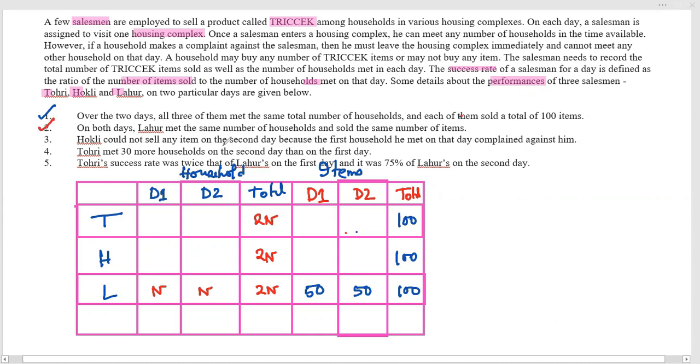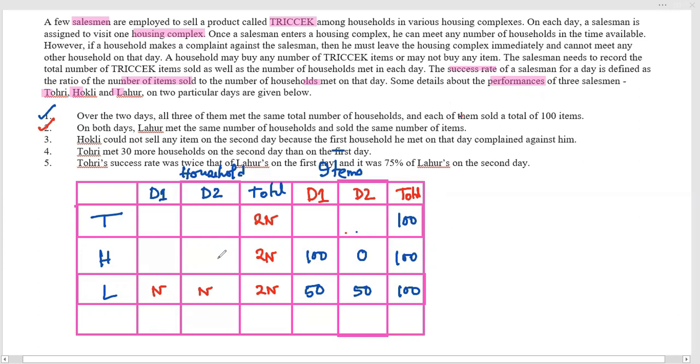Each could not sell any item on the second day. If you consider the second-day number of items, he could not sell any item, zero items. So automatically, on day one it would be 100 items sold. Each could not sell any item on the second day because the first household he met on that day complained against him.